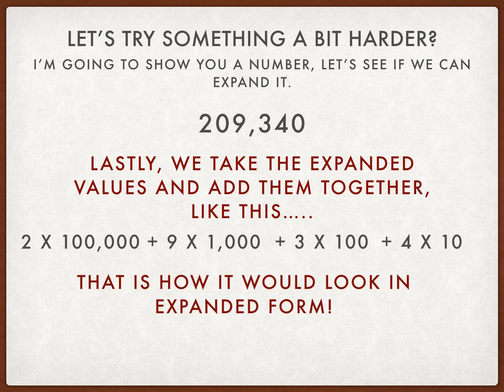I know it looks like a lot, but make sure we sit down and actually look at it. The 2 is in the 100,000 spot, so that's why we do 2 times 100,000. The 9 is in the thousand spot, so that's why we do 9 times 1,000. The 3 is in the 100 spot, so that's where we got the 3 times 100. And the 4 is in the 10 spot, so that's how we got 4 times 10.